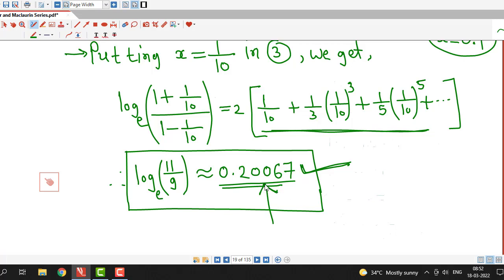So this approximation will be good enough for the exact value of log 11 by 9. You can check using your scientific calculator. You can find out the value of log 11 by 9, and you will obtain the same value up to 5 decimal places.